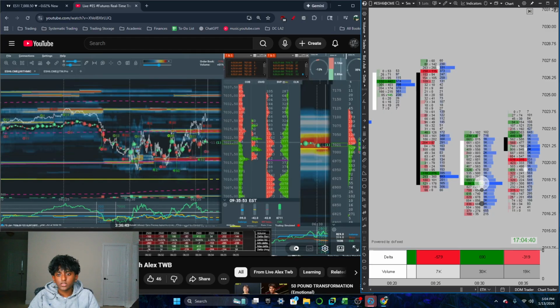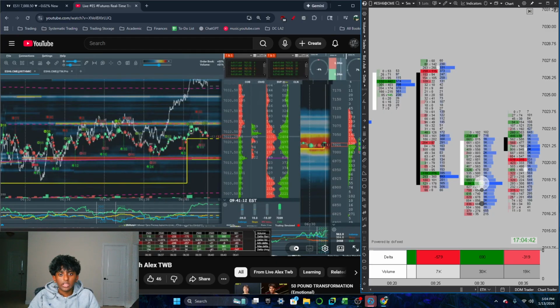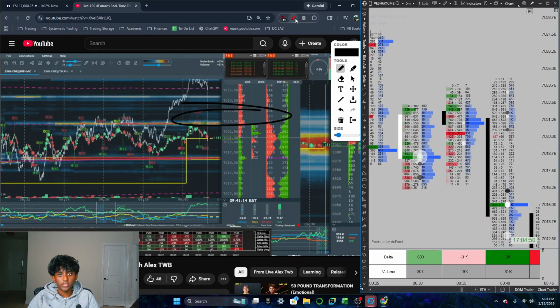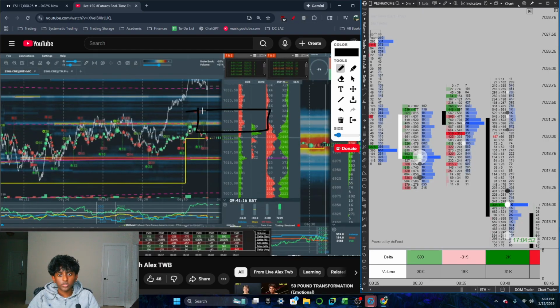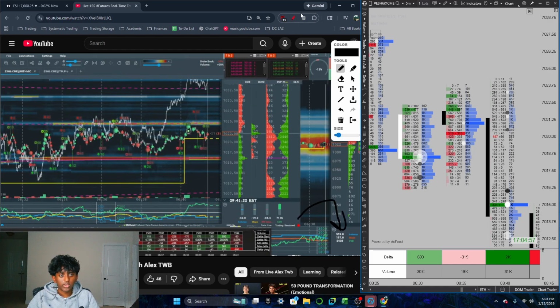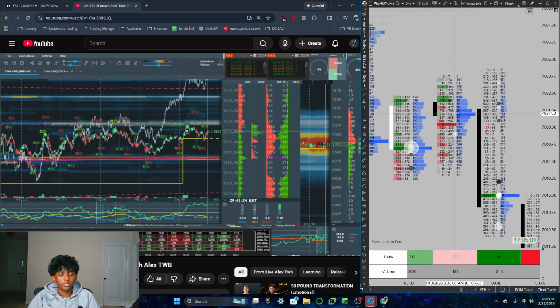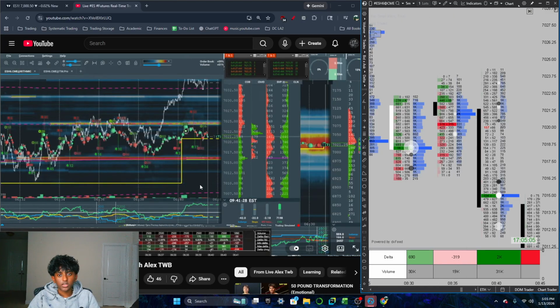Okay, makes sense to an extent, but essentially what I'm seeing is that price literally struggled to break through this upper liquidity, right? We're hovering around this upper liquidity. We're seeing these buyers come in. We're seeing positive icebergs, and we're seeing aggressive buyers here on the Bookmap. The footprint chart, you can see this through the delta as well here at the top.